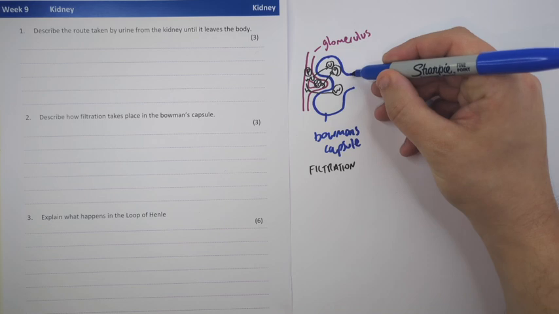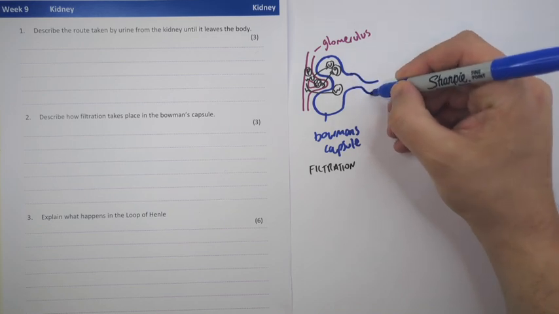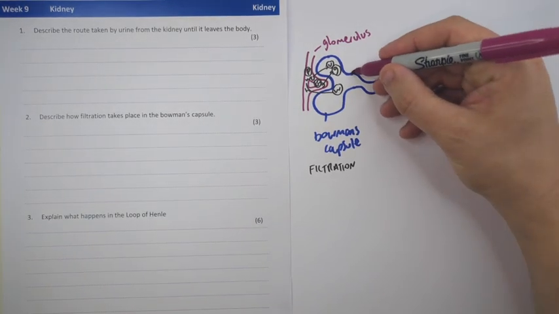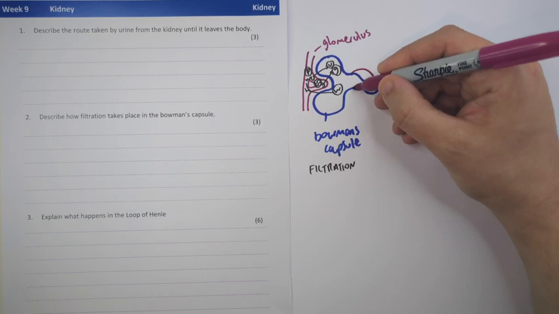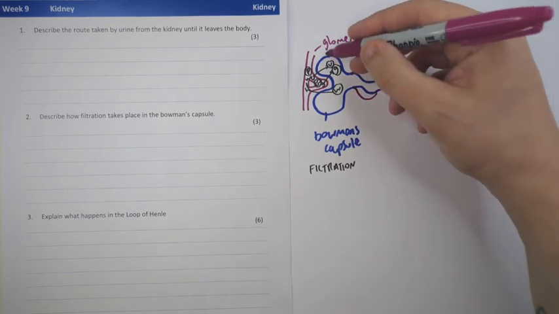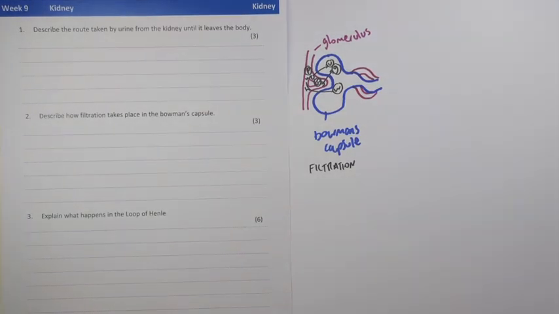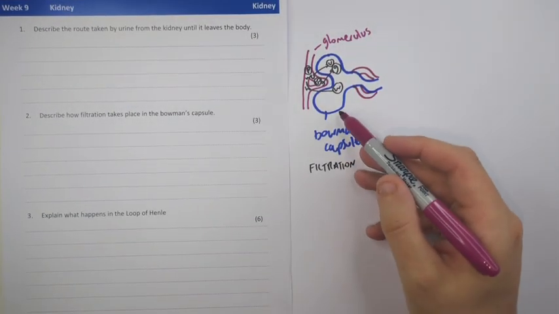Next, what we've got here is the first convoluted tubule. Surrounding the nephron, so now I'm going to draw the nephron, of which the Bowman's capsule is the first bit.